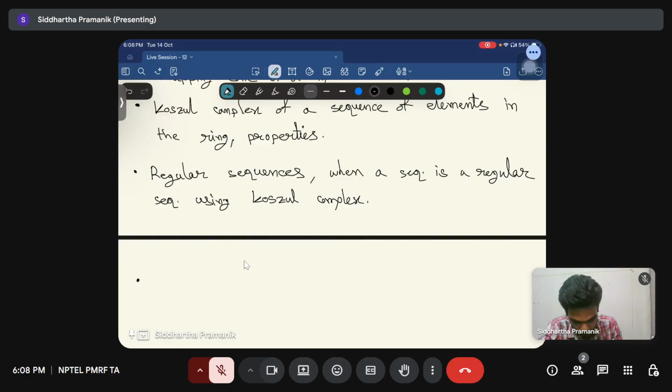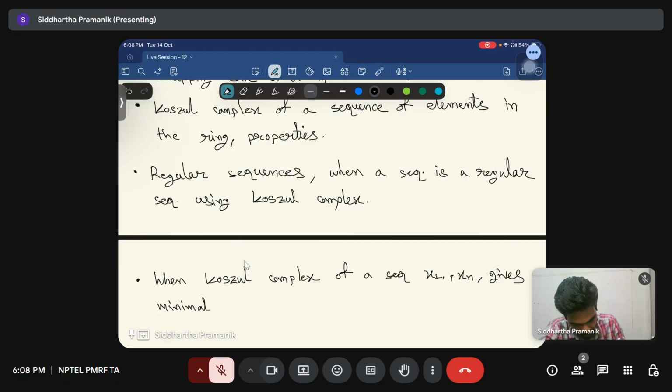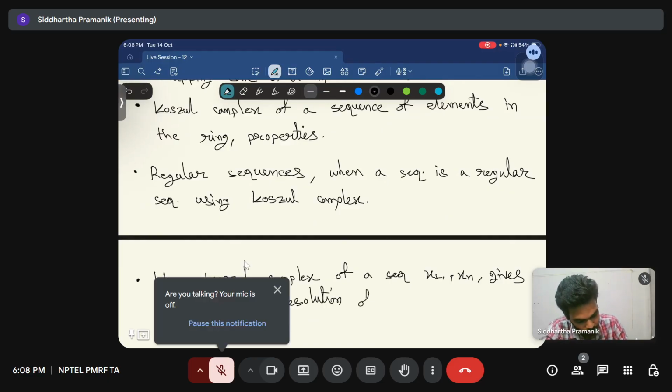When the Koszul complex of a sequence, let's say x1 up to xn, gives a minimal free resolution of the quotient ring R modulo the ideal generated by x1 up to xn.